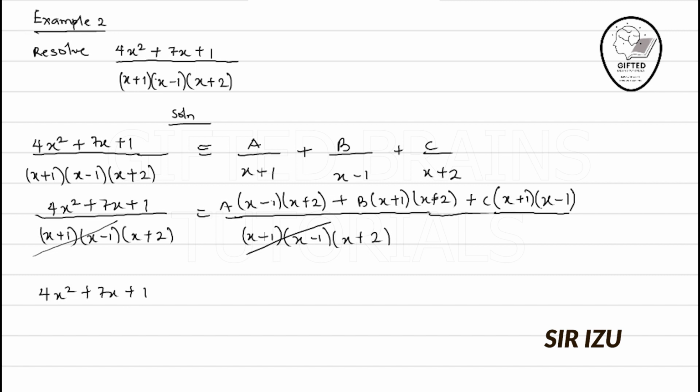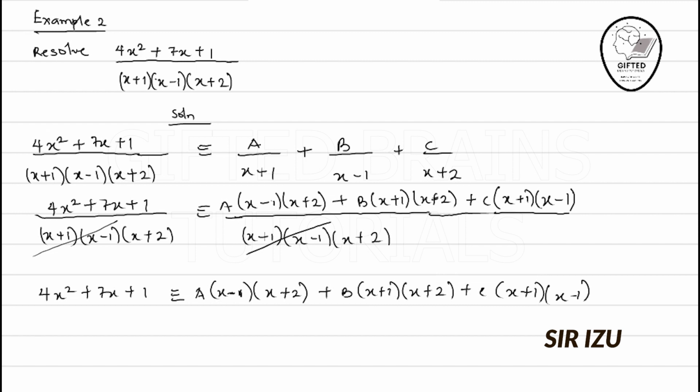Although some people ignorantly write equal to, appropriately it should be equivalent to a into x minus 1, x plus 2, then plus b into x plus 1, x plus 2, and then plus c into x plus 1, x minus 1.